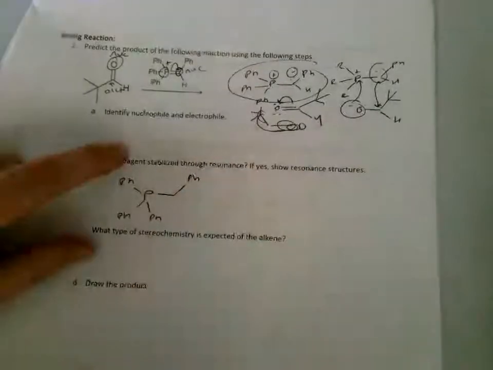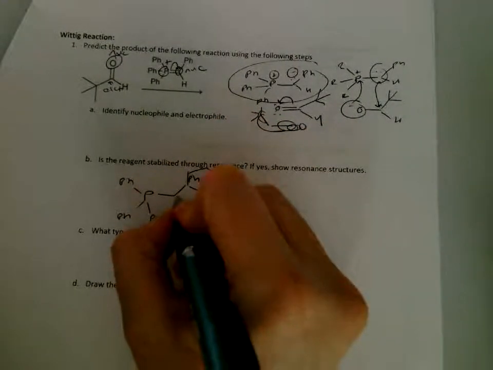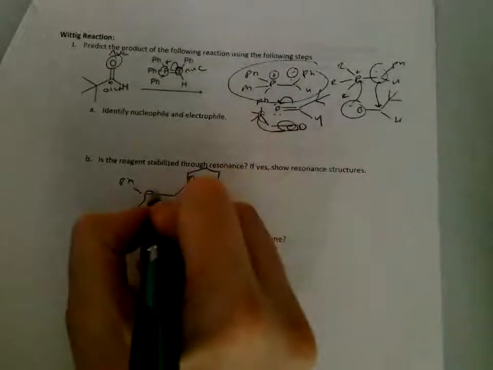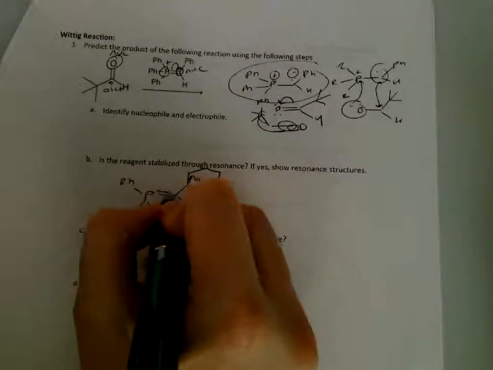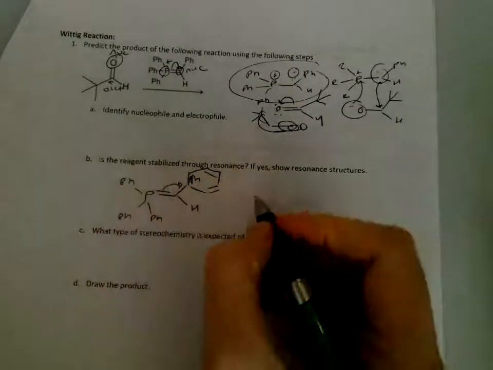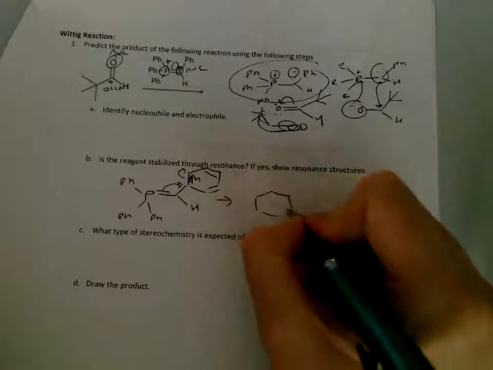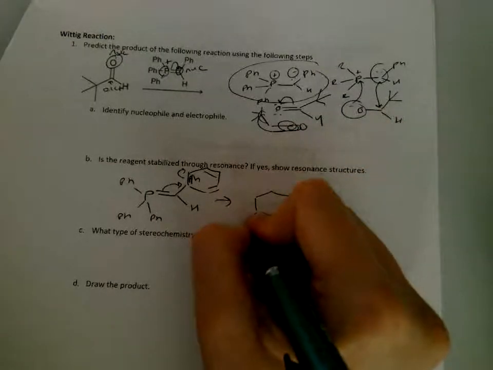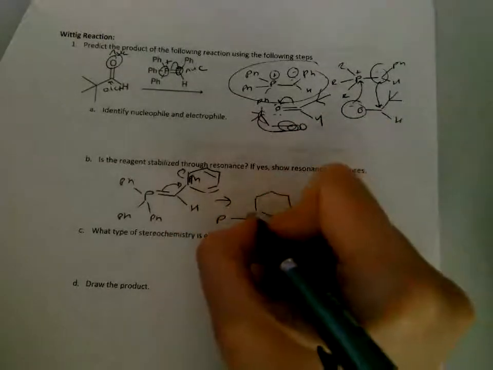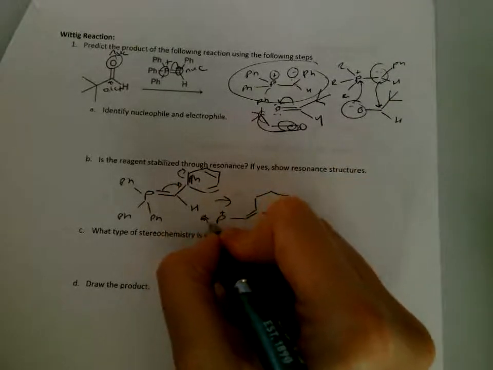It's stabilized on this side because there are so many phenyls, but it's also stabilized on the other side. So I'm going to draw this out for you. If you have this double bond here, and there's a double bond here and here and here, this can go here and this can break. And you can get your phosphorus with a double bond and this positive, and you have all your phenyls here.